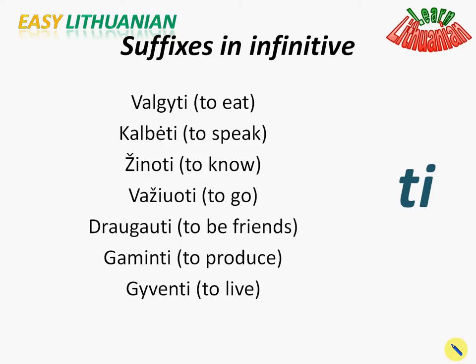You know that the ending is t, the suffix is t, but still it's long. But if you know that there are some suffixes in the infinitive, it will be easier to remember. For example, valgyti, the suffix i; kalbėti, ė; žinoti, o; važiuoti, o; draugauti, au; gaminti, in; gyventi, an. These are the suffixes.